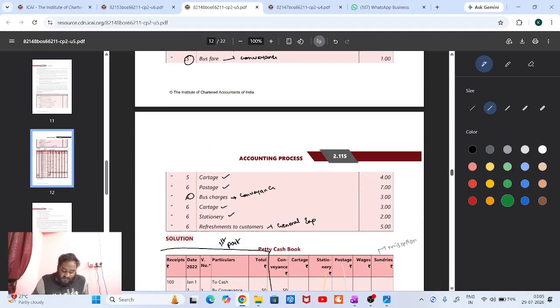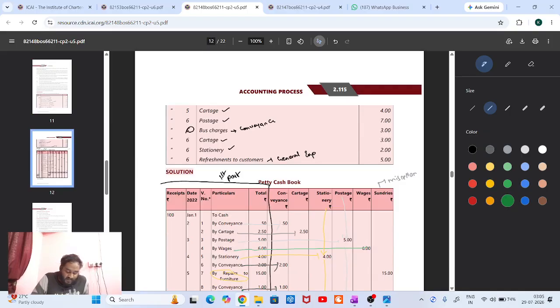What do we do first? First, forget the voucher number for now. The format is date, particulars, amount, right? Here, the voucher number comes in.